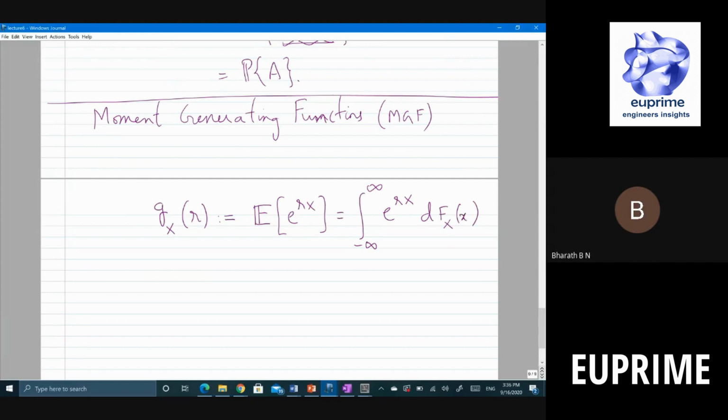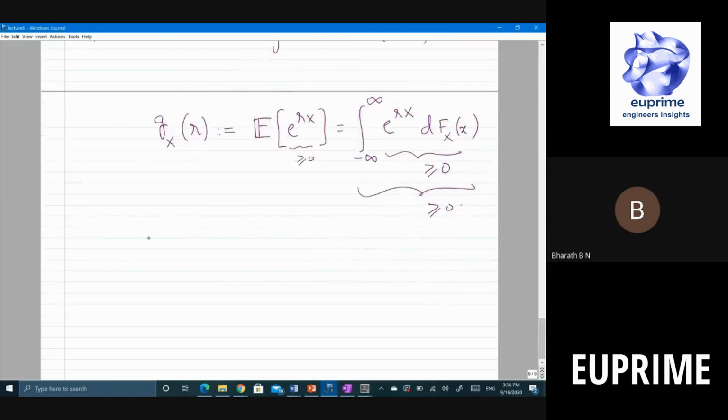Fine. Everyone fine with this definition? Now, what can you say about this integrand? The integrand is always positive, right? Therefore, this random variable is always positive regardless of what x is. So the expected value also should be positive, right?